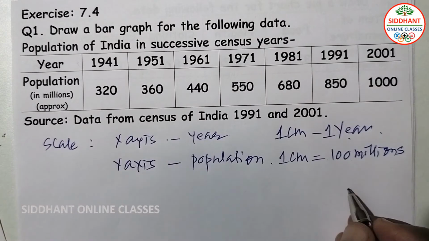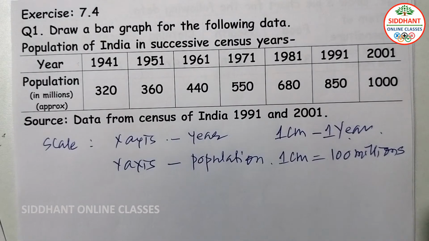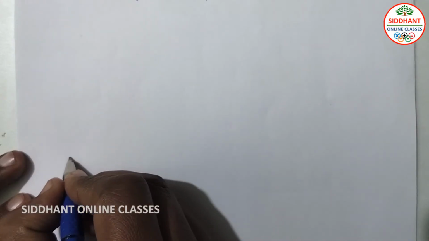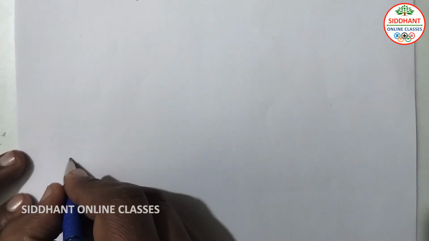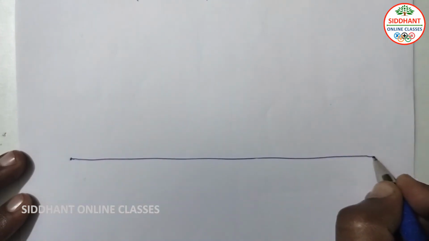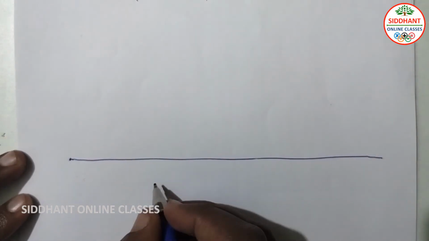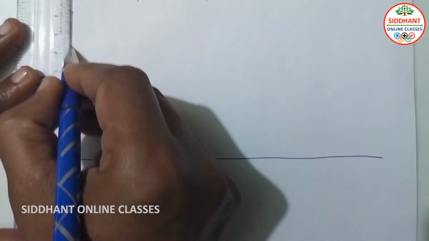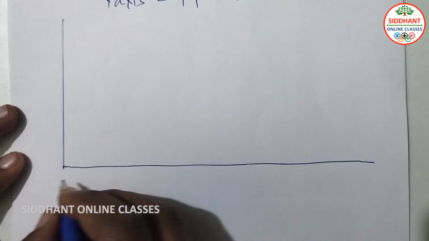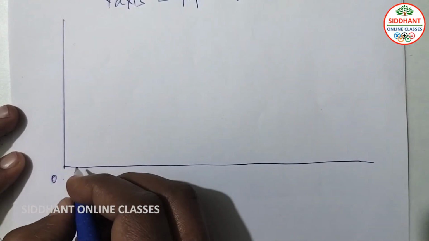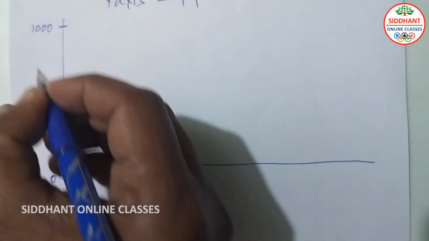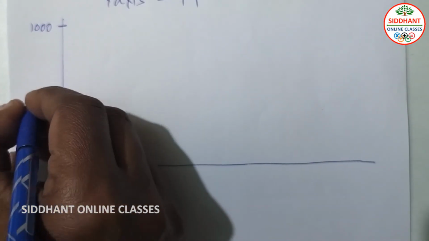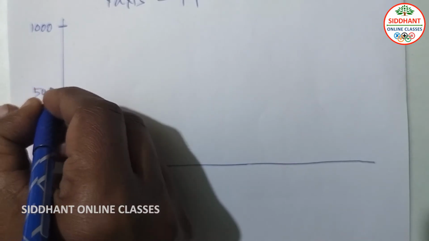Now we are going to keep the bar graph here. So in this way we are going to see. Here taking 0, suppose here 1000, the mid value will be 500.